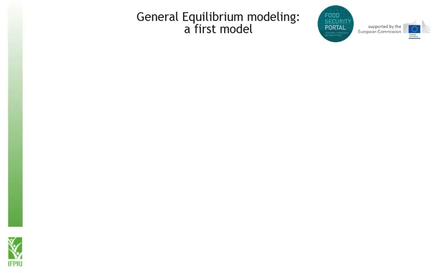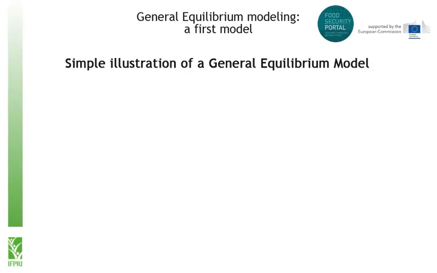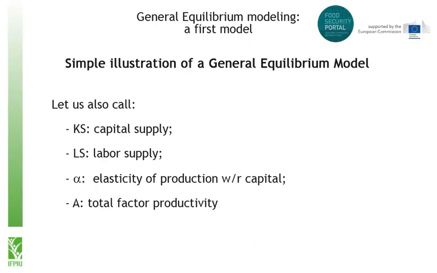So we have other notations needed by the model. So let us also call KS capital supply, LS labor supply, alpha the elasticity of production with respect to capital, and A the global productivity of production factors. So in fact, KS, LS, and A are exogenous variables.